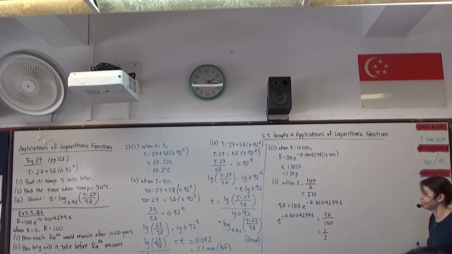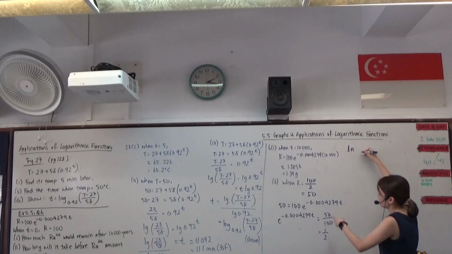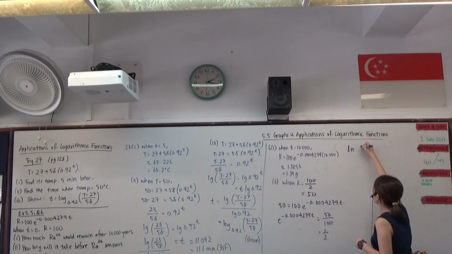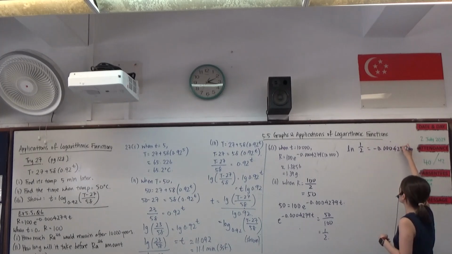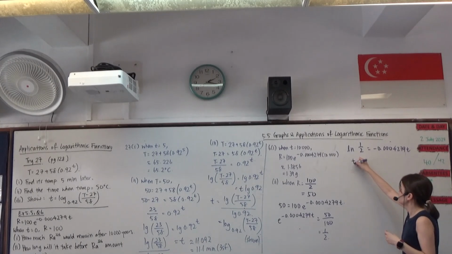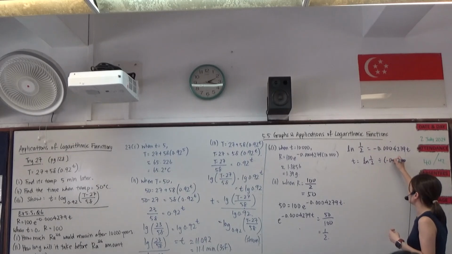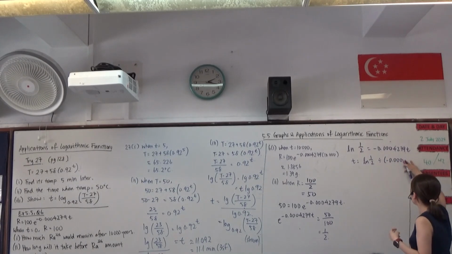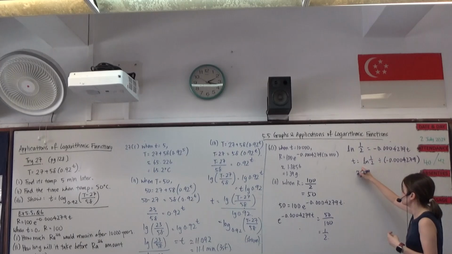So we get half. Then you can do your log on both sides, or else just change to log form. So you will get half equals e to the power of negative 0.004279 t. And then t will be calculated by taking log half divided by negative 0.004279.